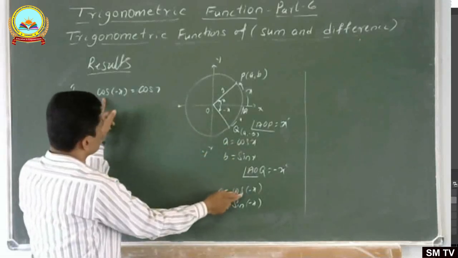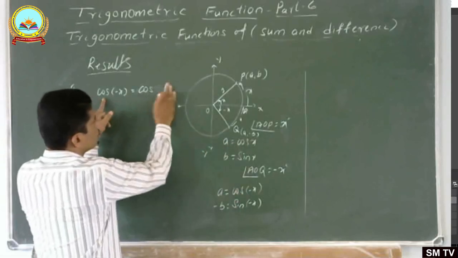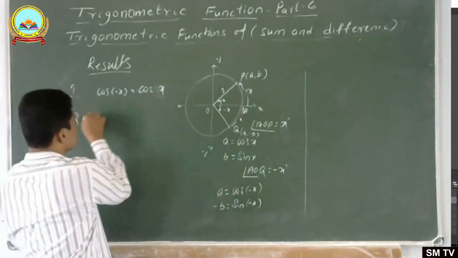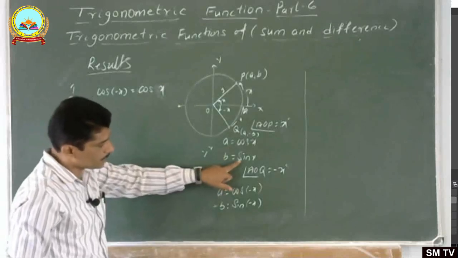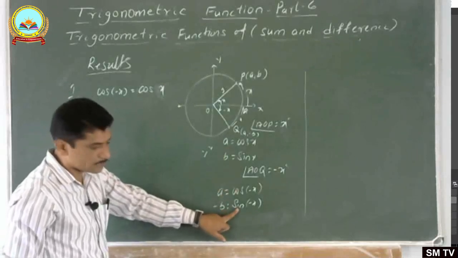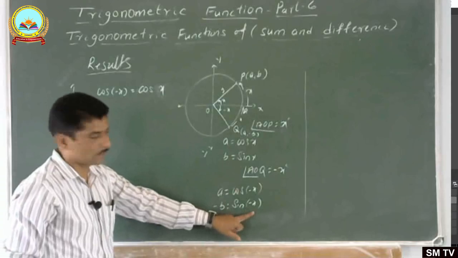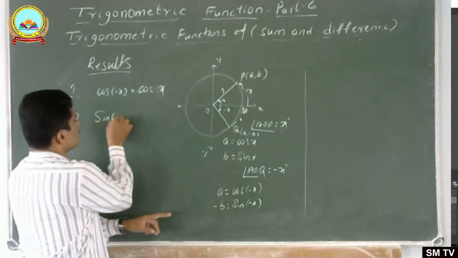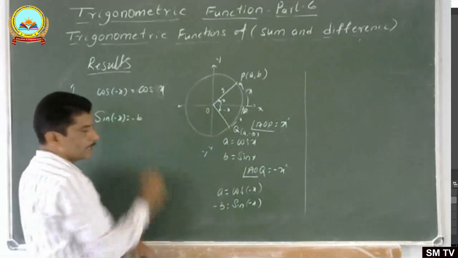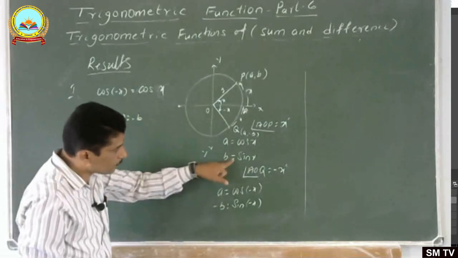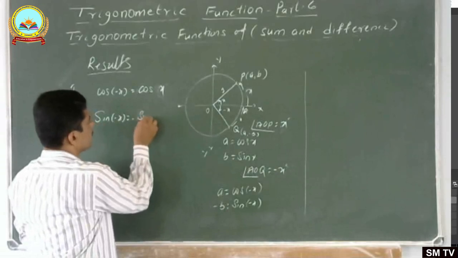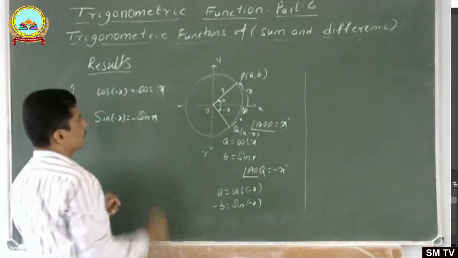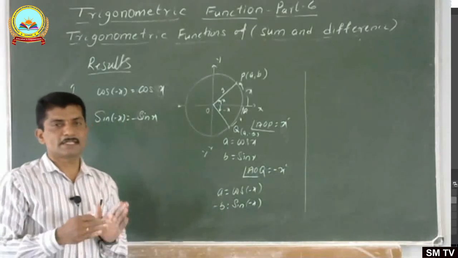And the second result: here b is equal to sin x, here minus b is equal to sine of minus x. B means sin x. Therefore, the sine of minus x is equal to minus b, that is minus sin x.